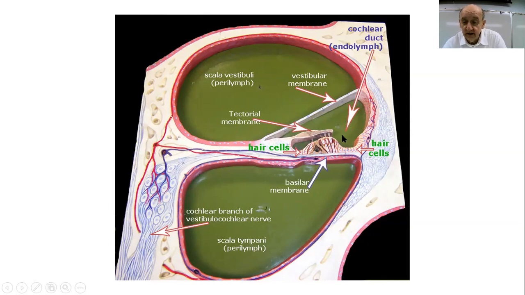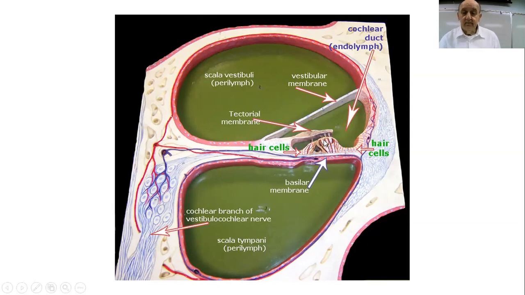More specifically, the hair cell receptors are located in this bump, in this mound of tissue. This is called the organ of Corti. And when we look at the microscope slide, we'll see a little better labeling of that. The labeling is not here, but you can see the hair cells are all in this area.